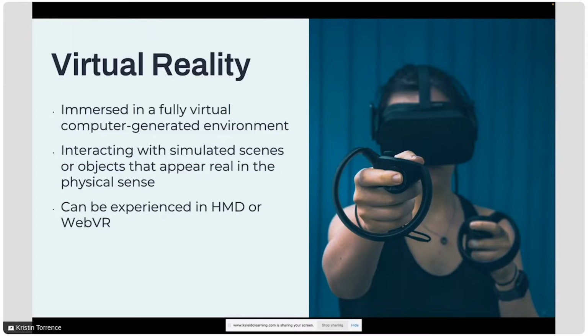Virtual reality can be experienced in a head-mounted display, such as what's pictured here. It's situated on your head, or you could experience it in something like web VR, which is like a browser-based virtual reality simulation.